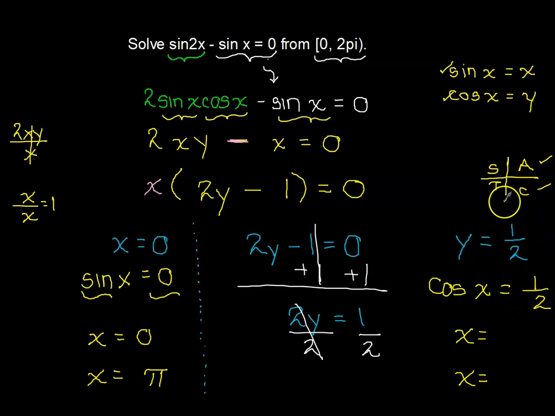Notice pi over 3, 2 pi over 3, 4 pi over 3, 5 pi over 3, which are all by the vertical axis. Cosine is 1/2. The signs may be different depending on the quadrant you're in, but anything over 3, cosine's 1/2, sine is square root of 3 over 2, tangent is square root of 3. So get to know those patterns. Review the videos if you need to. And then cosine equals positive 1/2 at pi over 3 and 5 pi over 3.